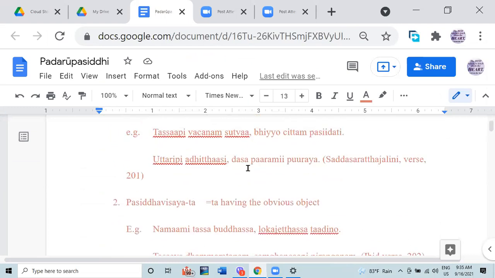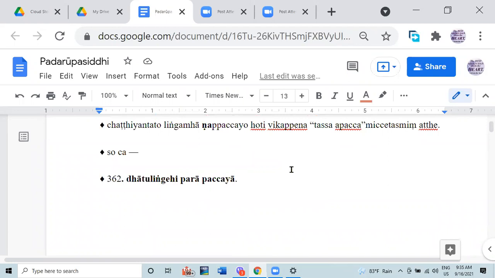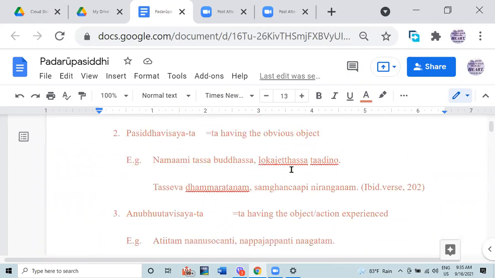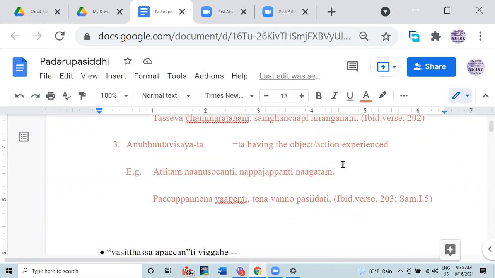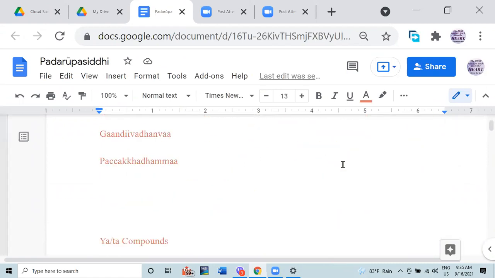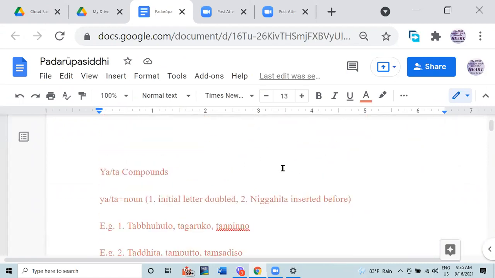So according to Sanskrit, we can explain like this. According to the Saraniti Pramana, I will explain. It's also very interesting. Oh, no, sorry. Not the preceding one.